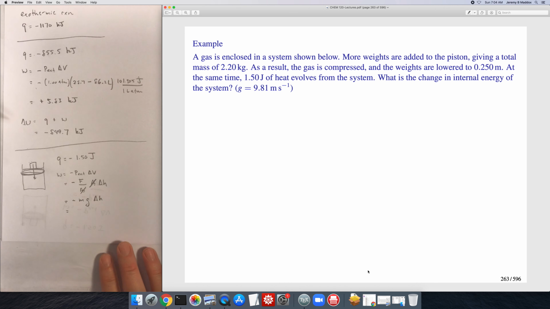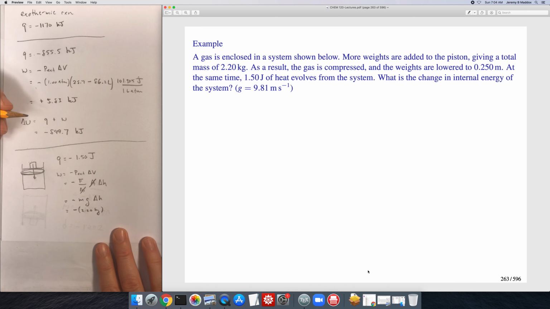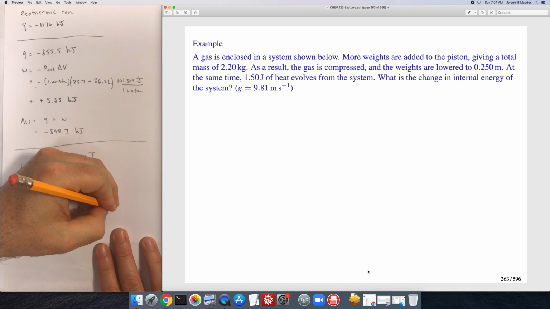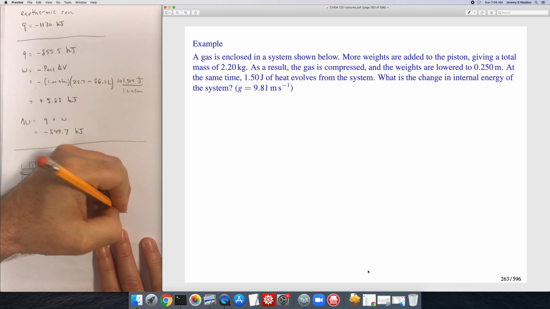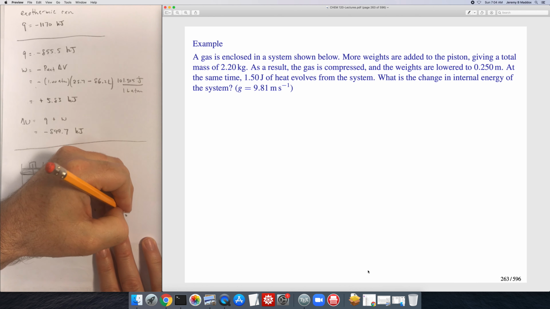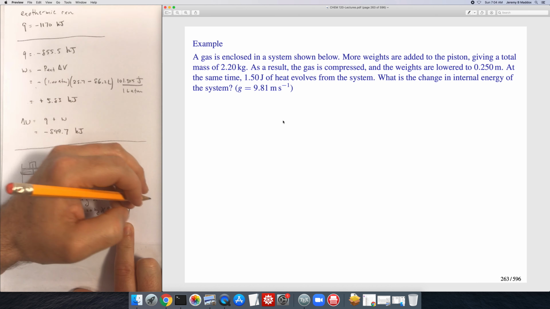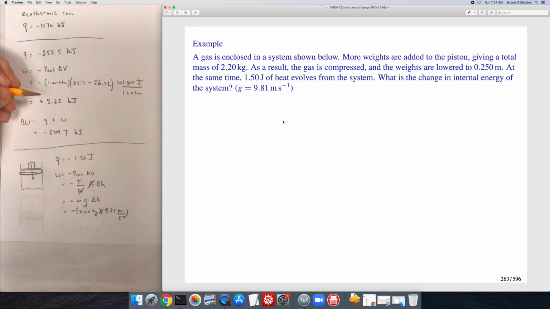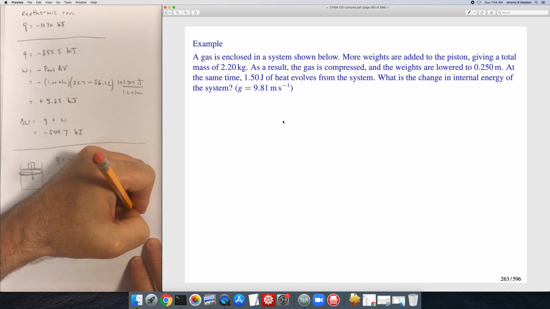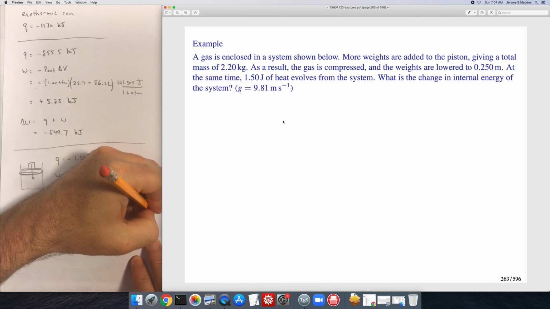We're going to plug in the mass, 2.20 kilograms, acceleration due to gravity, 9.81 meters, and I got the units wrong. It should be per second squared, not meters per second, right here. So that's a typo. It should be to the minus 2 power. And then times the delta H. It says the mass is lowered by 0.25 meters, so that delta H would be a negative 0.250 meters.